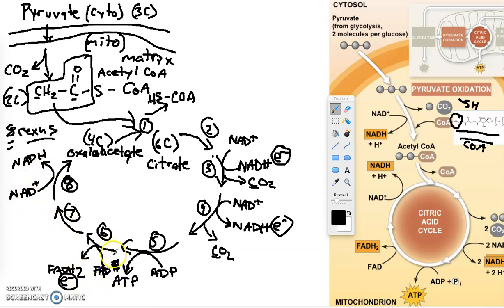So now let's try to do some accounting. We're going to go through one time and we'll do some accounting, and then we will say, okay, everything is done twice for 2 pyruvate molecules. So number of ATPs that we generate is equal to 1, right? Per circuit, per round of Krebs cycle, 1 molecule.